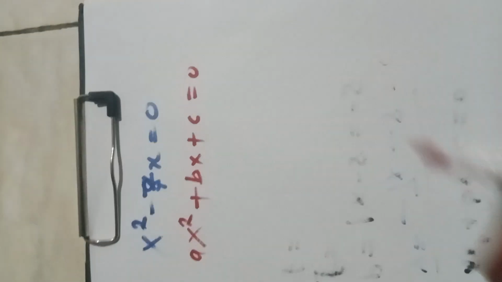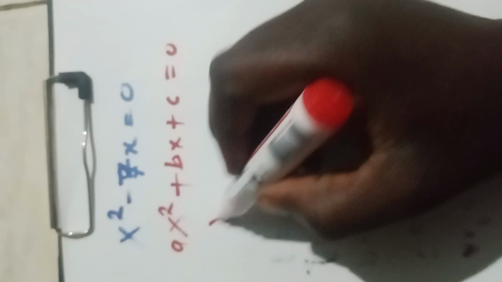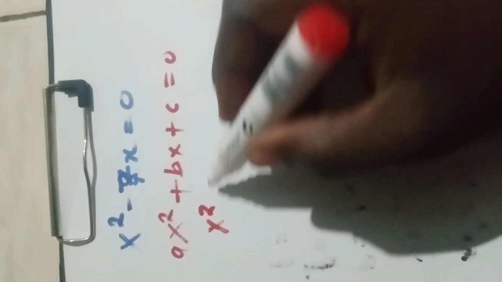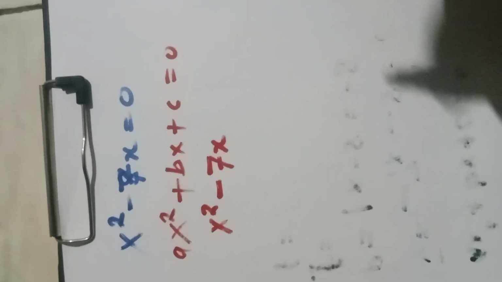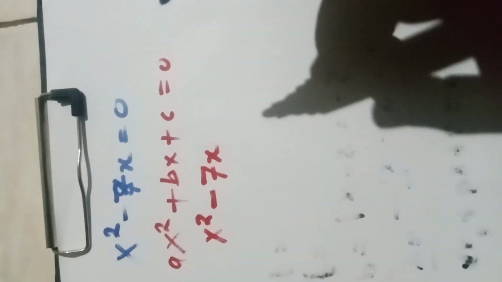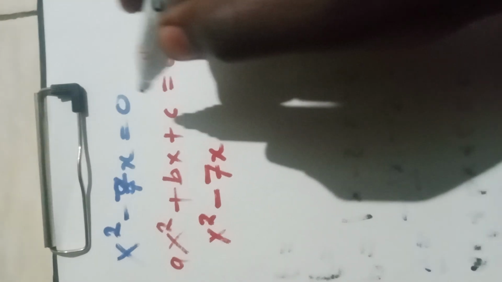Alright, so here what we do is we are going to rewrite our question in the conventional format. So we have x squared, alright, minus 7x, okay, minus 7x.